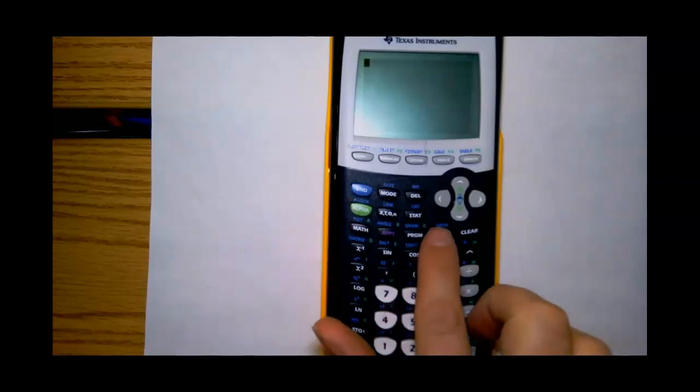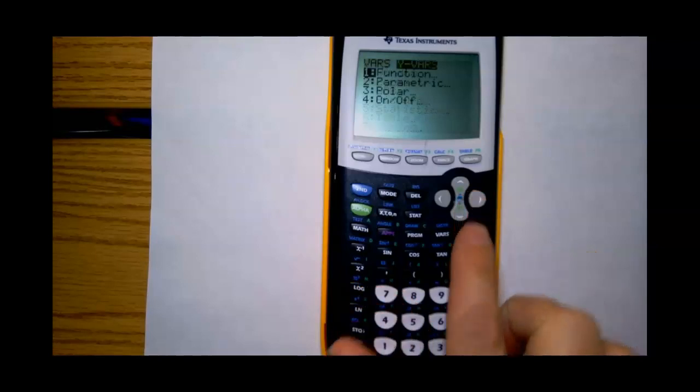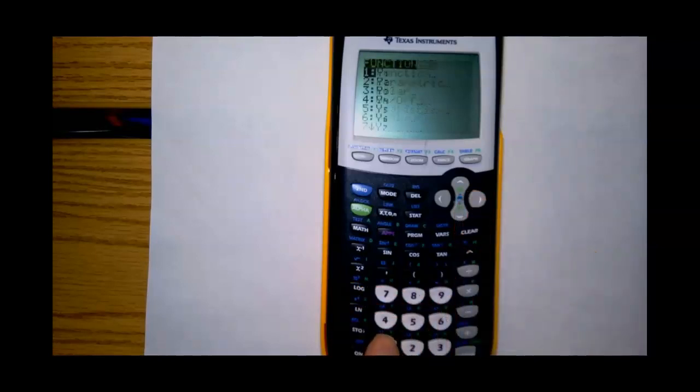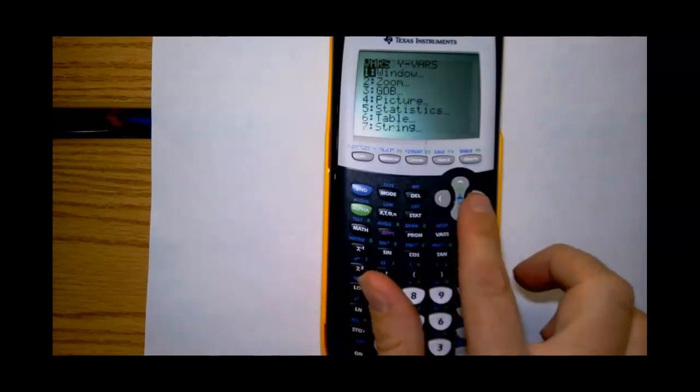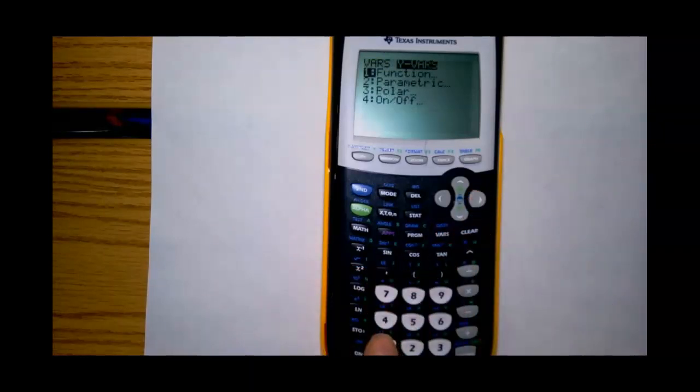You have to push vars, scroll over to y vars, click 1 for function and 1 for y1. And then you're going to put 2 in there. So that's y of 2 minus y of 0, same thing: vars, scroll over, 1 for function, 1 for y1, and then 0. That's the numerator.